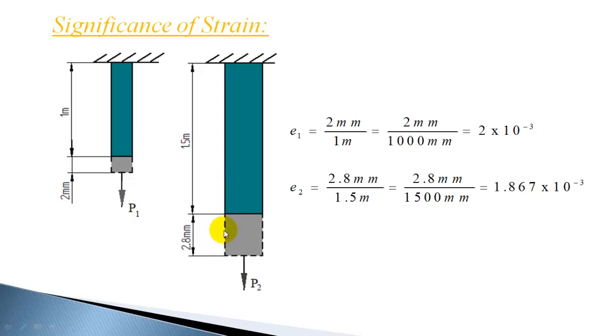Total deformation is more, but in unit length the second bar is undergoing less deformation. So to compare the deformation produced between different bars or different structures, you can use the quantity strain. That is the significance of strain.